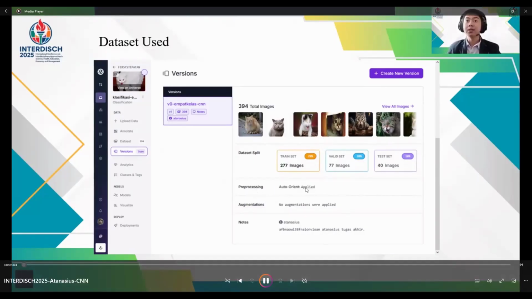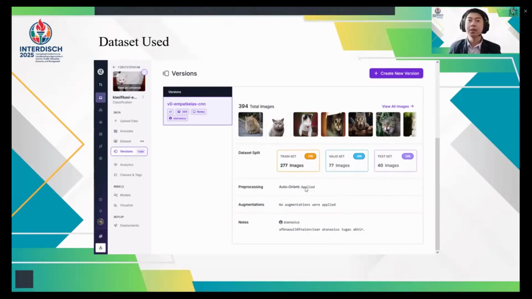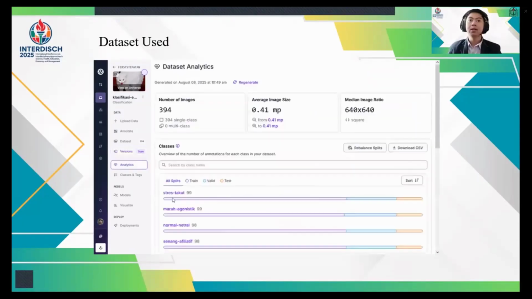Only auto-orient preprocessing is applied, with no augmentation and no other preprocessing. For the classes, the first one is stress takut, the second is marah agonistic, the third is normal neutral, and the fourth is non-affiliative. This is based on the table I showed in the slide before.